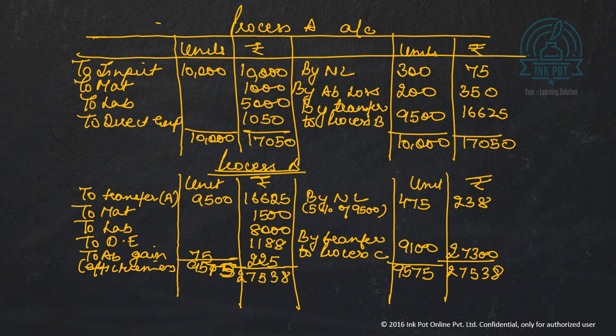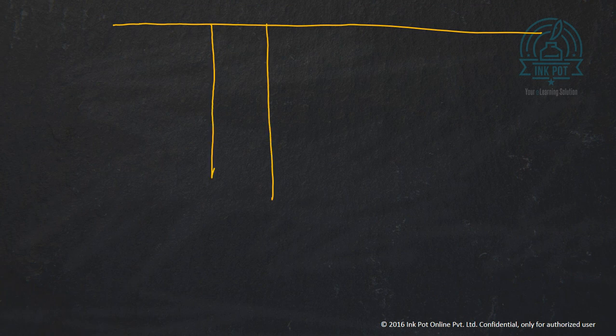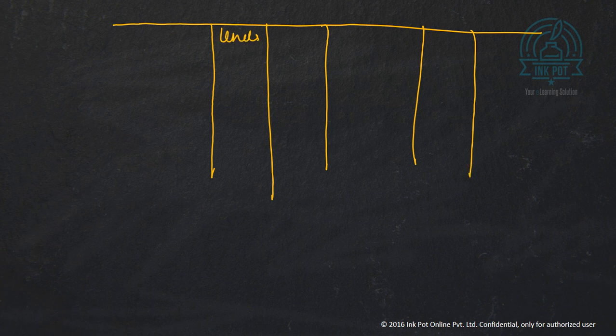In a similar manner, we can prepare process C account. So I'm writing here units, rupees, units, rupees, and this is your process C account, right?